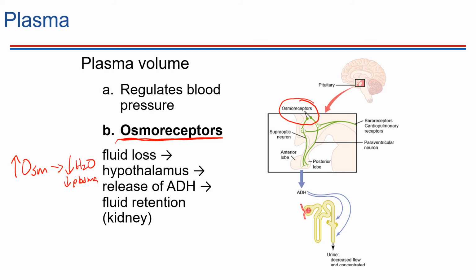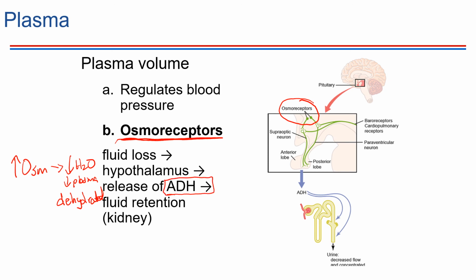So when you're dehydrated, you're going to have a higher osmolality in the blood. So in that case, if you have a high osmolality, which means you have fluid loss, the hypothalamus is going to respond to that by releasing antidiuretic hormone, ADH.